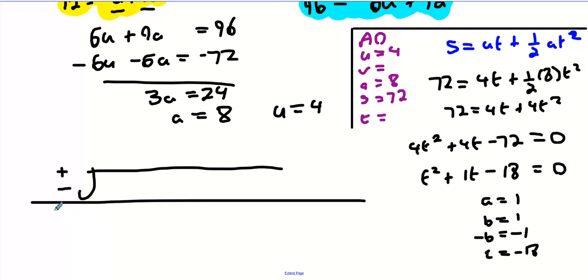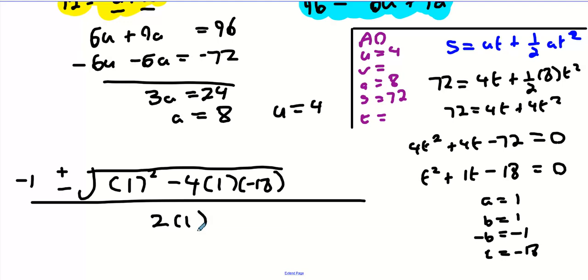Why is it just the positive? It's an answer for time. Time cannot be negative, so just do the positive answer and your goal, okay? Minus 1, b squared is 1 squared, minus 4 times ac, which is 1 times minus 18, all over 2 times a. Put that into the calculator, let me know what you got.